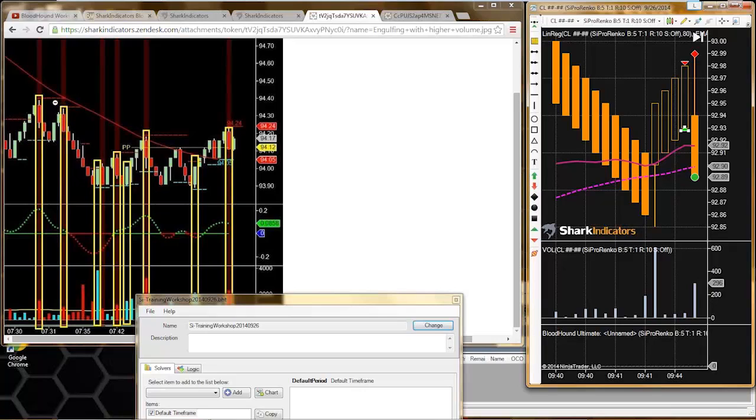So this bar over here, the second one on the left, has a little wick on it. So who knows? Maybe sometimes those wicks actually get higher than the reversal bar. So that's why we're building a little more complex system here, building an engulfing bar condition. Right.